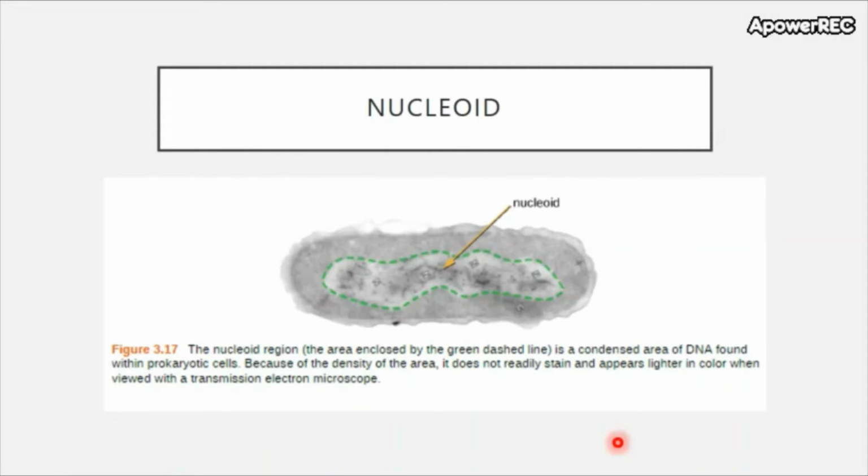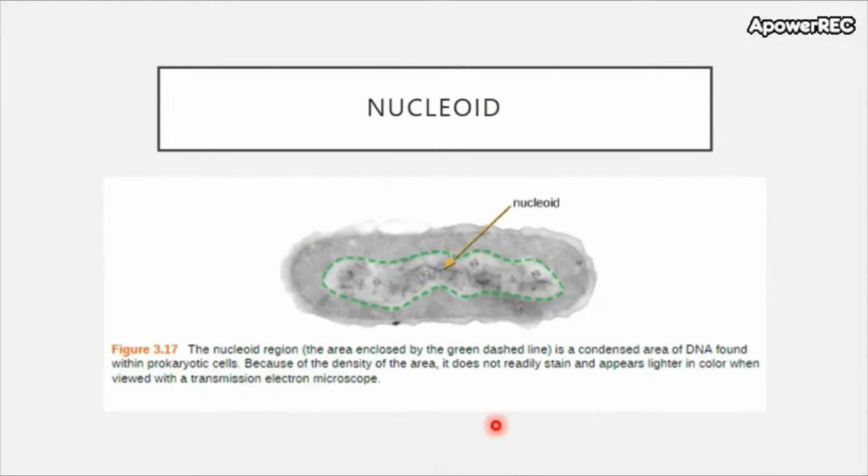As we can see in this image, the nucleoid region, ignore this dotted line, it's just kind of outlining where it is. It's not contained within a membrane, but it's kind of a condensed area of DNA found within prokaryotes. This is difficult or impossible to see under light microscopy. However, it can be viewed with a transmission electron microscope.